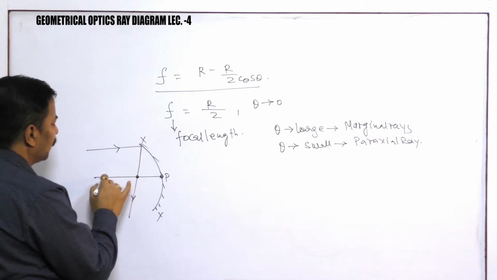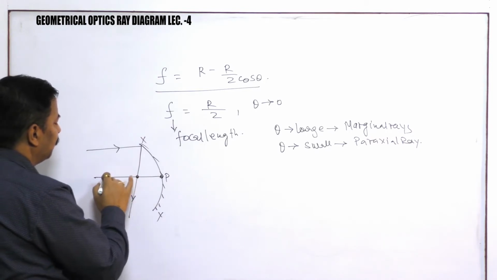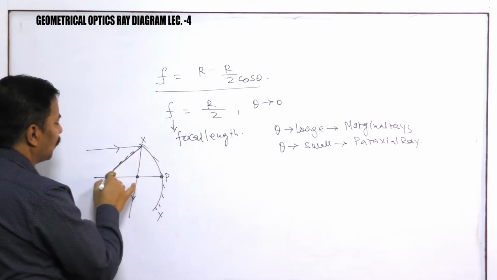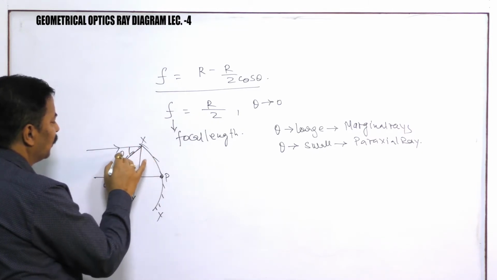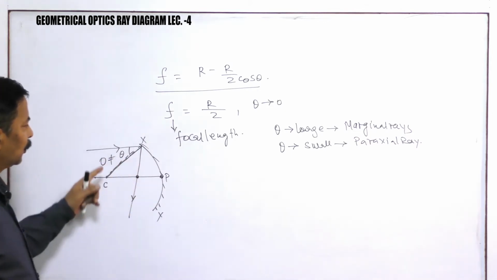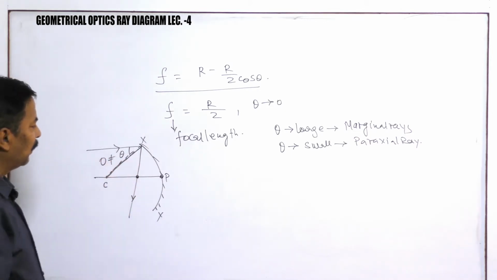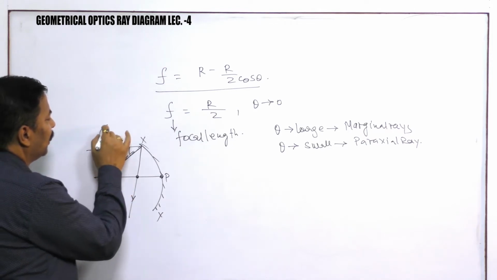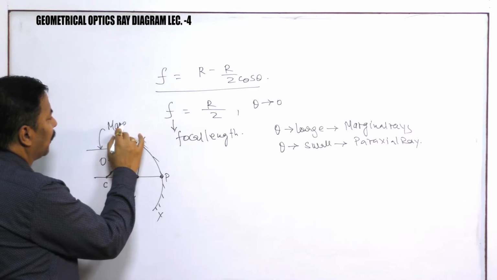Here the center of curvature is there. This line will behave as the normal. So this theta is not equal to 0, it is not nearly 0. So this ray is basically your marginal ray.